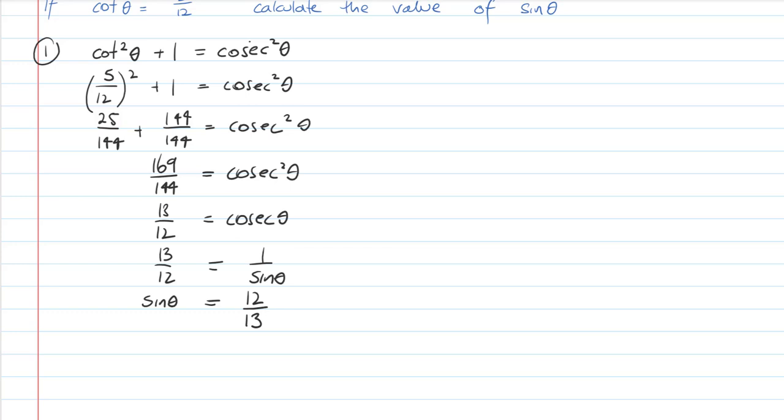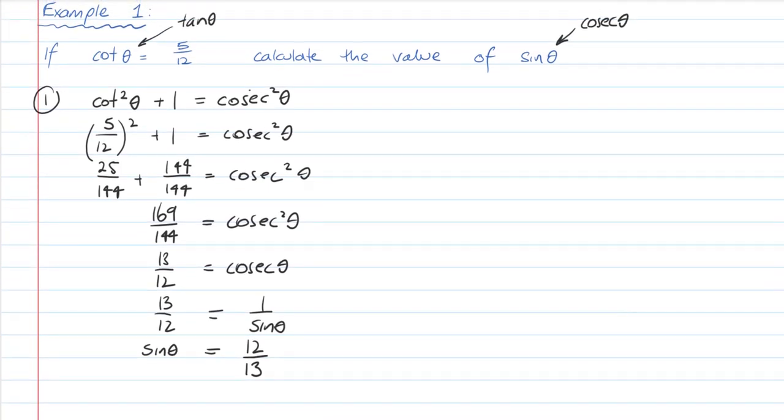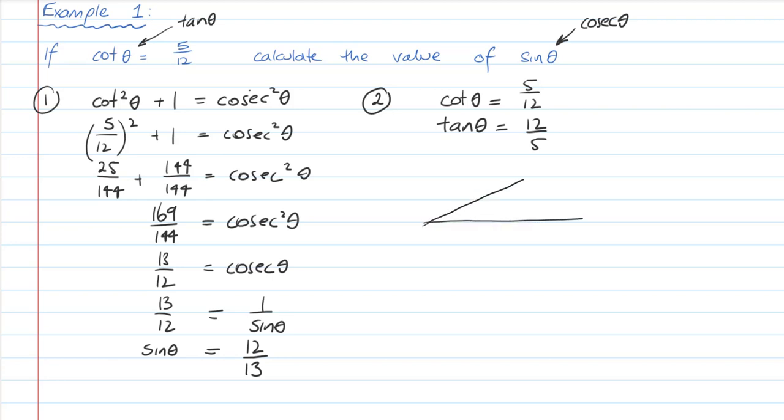That's option 1, and it's the option I'd start to lean towards. But there are some questions that will lead nicely to option 2 as well. Option 2 is to say, if cot theta is equal to 5 over 12, then this means that tan theta is equal to 12 over 5. And that means that if I draw a right angled triangle, it doesn't matter about the size of this, because remember 12 over 5 is just a ratio.